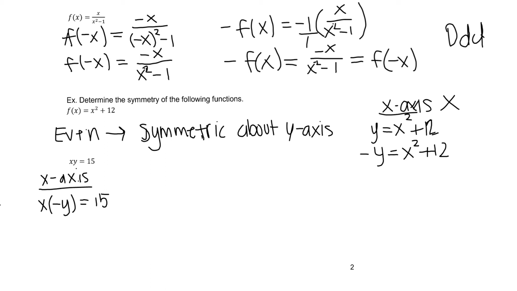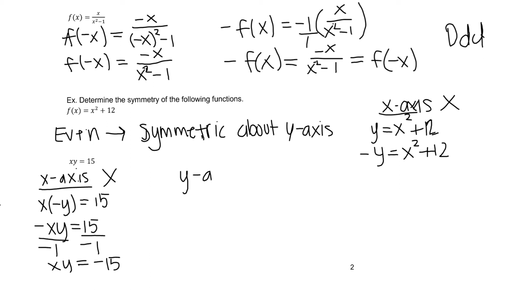I can rewrite that as negative xy equals 15. This is not my original function xy equals 15. And even if I were to divide both sides by negative 1, it wouldn't become xy equals 15. If I were to divide both sides by negative 1, it would become xy equals negative 15, which is not the same thing. So I know it is not symmetric about the x-axis.